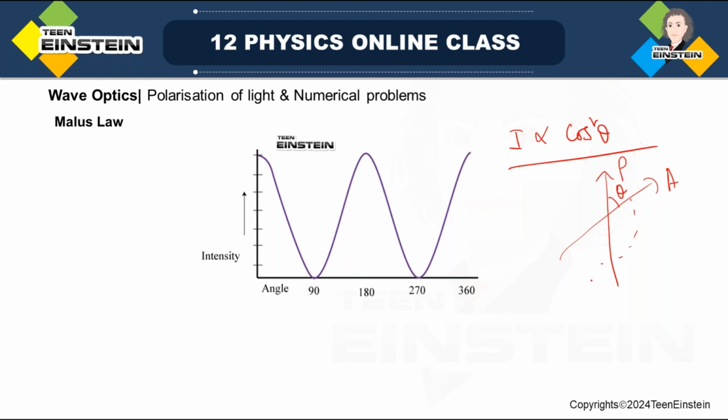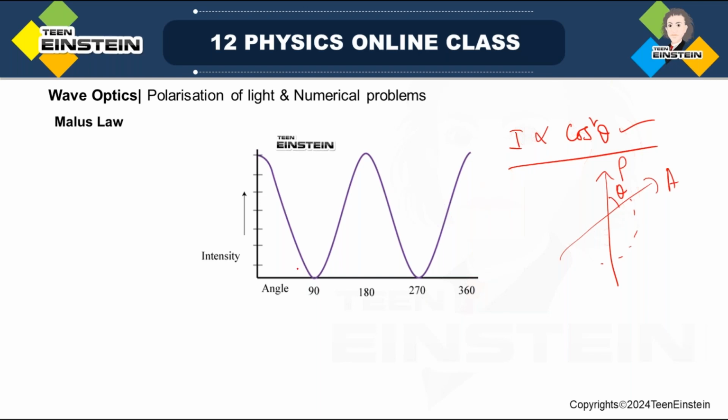This can be a very nice laboratory experiment if you have a set of analyzer and polarizer, and you will see the intensity variation. We know by mathematics how the intensity varies, and that is given by the Malus law.